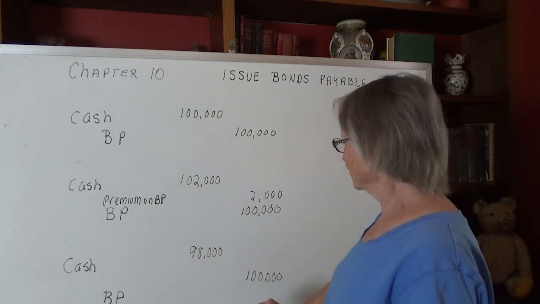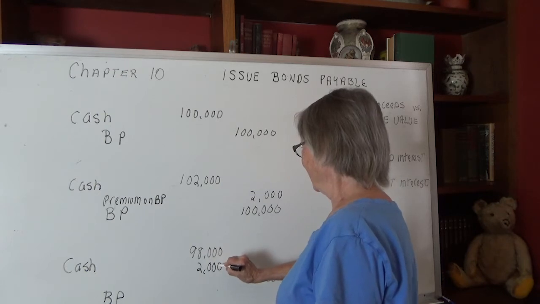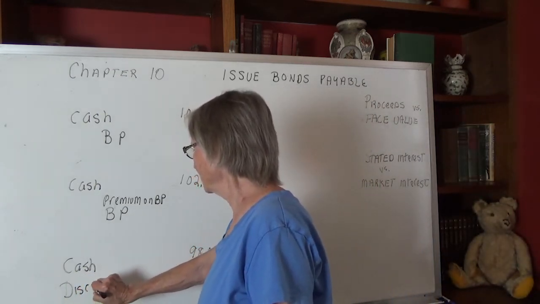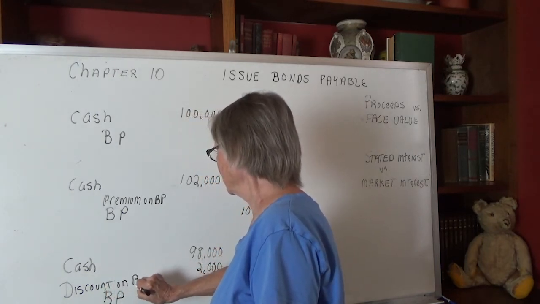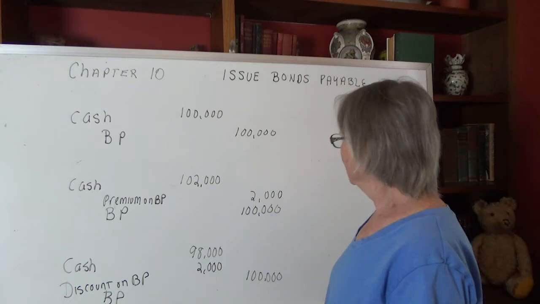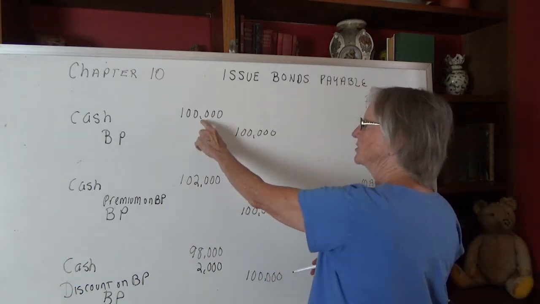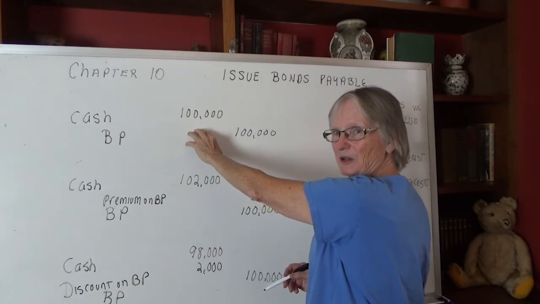Down here, the sadder situation, we would say we issued at a discount, so we would have an account called discount on bonds payable. In any case, we're going to have to pay back the $100,000. When they're issued at face value, we get $100,000. We get the face value when we issue them.